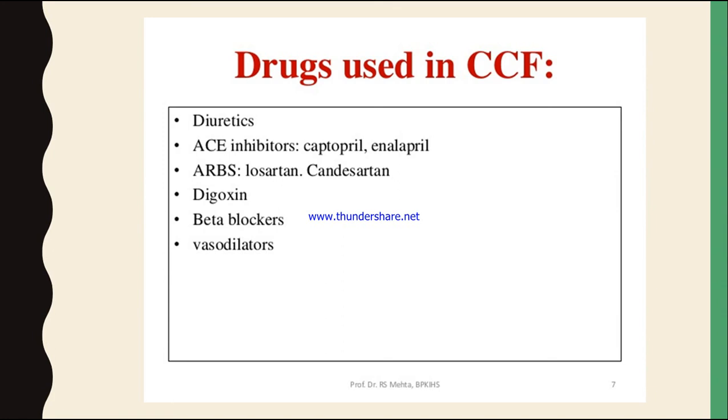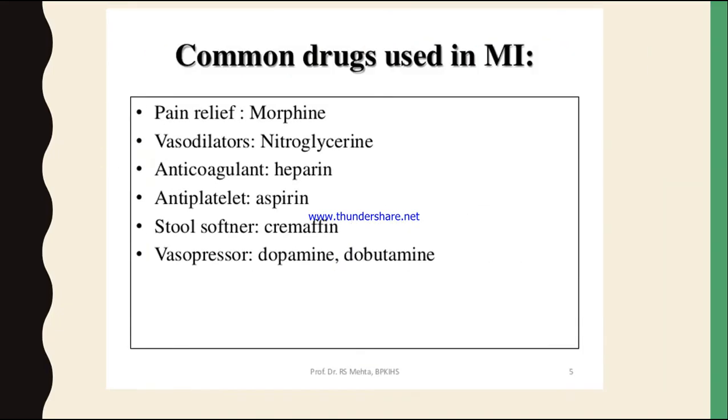In such cases we give diuretics like injection Lasix or furosemide, ACE inhibitors like captopril or enalapril, ARBs like losartan or candesartan, injection digoxin, beta blockers like metoprolol and propranolol, and vasodilators. These are some of the commonly used drugs in congestive cardiac failure.